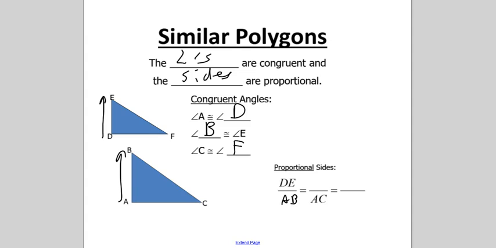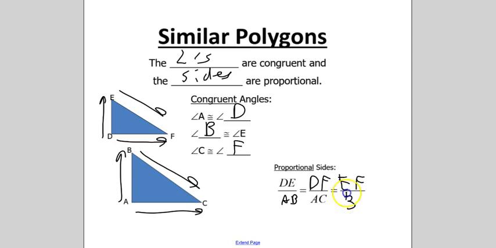What's the same as AC? DF. And when I say same, I mean proportional, sorry. DF. And what does that leave? Well, EF, and then BC, keeping the order the same.